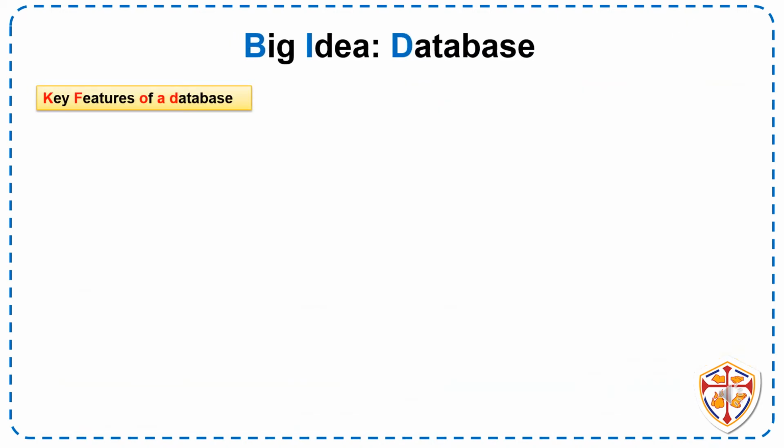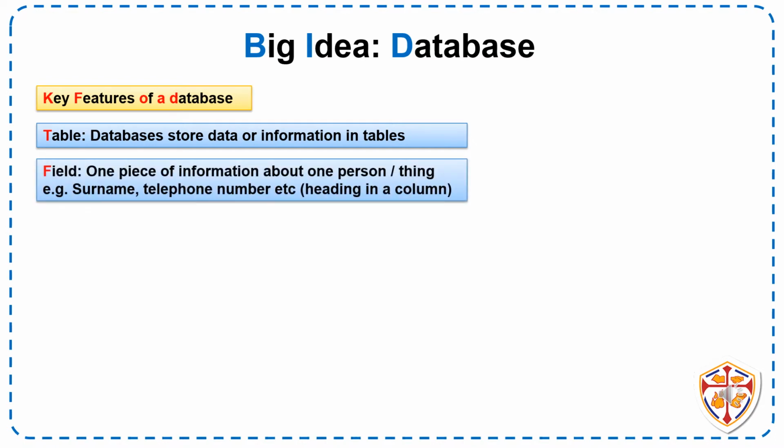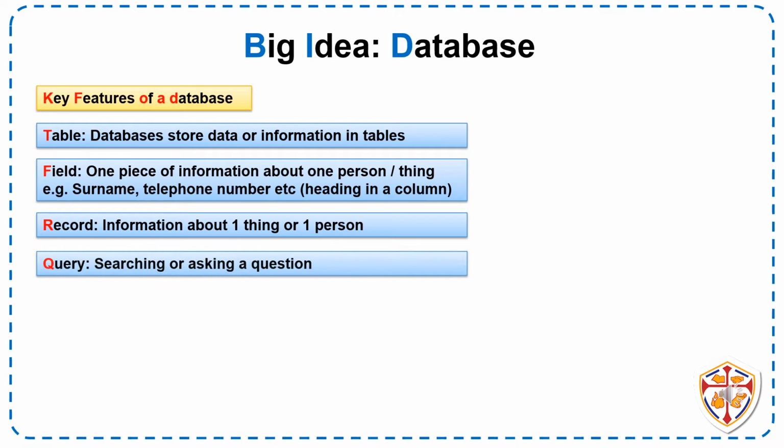Now let's turn our attention to the key features of a database. A table. Databases store data or information in tables, one or more tables. A field is one piece of information about a person or thing, like surname, telephone number, etc. Like a heading in a column so that you know what information to add into each column.